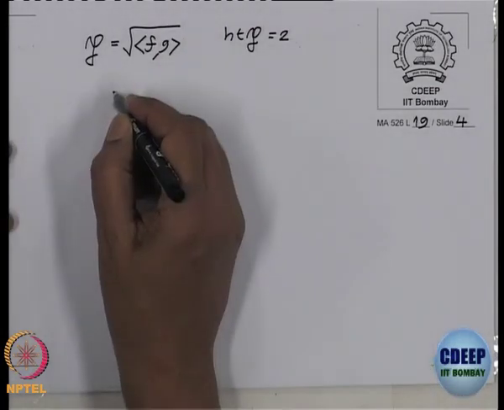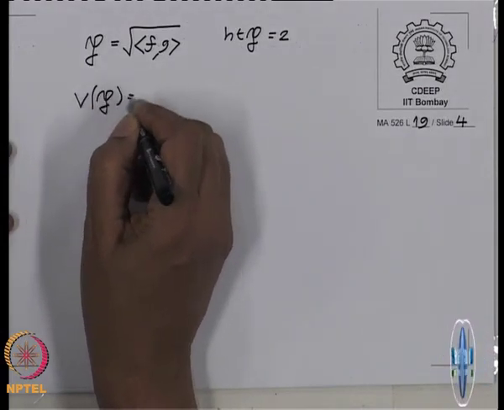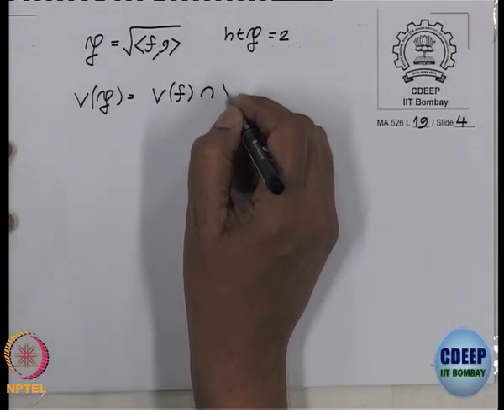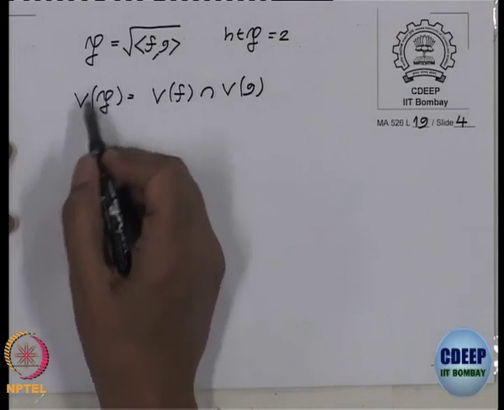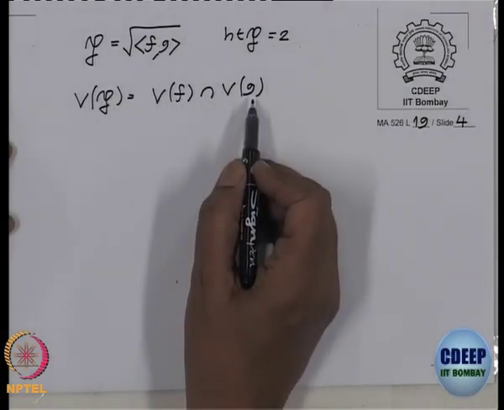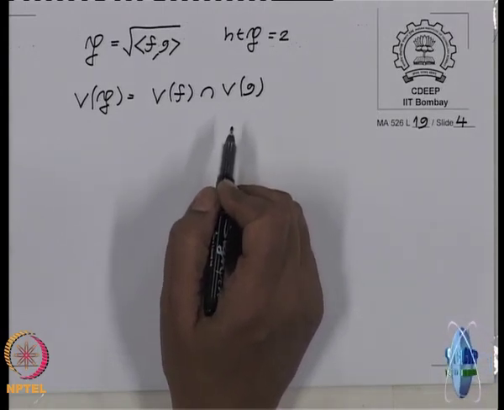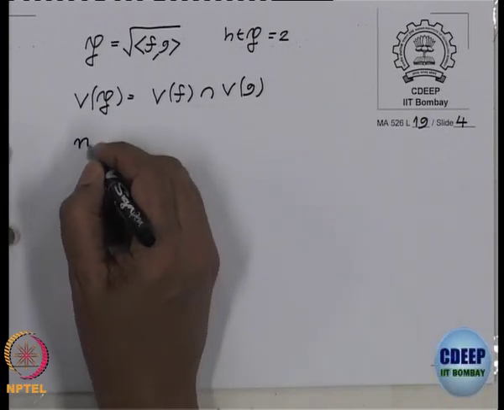Because if so, then in geometrical language V(P) will be equal to V(F) intersection V(G). That means this curve is an intersection of 2 surfaces, but this answer is till today not known even for C and 3-space. This is not known in general.